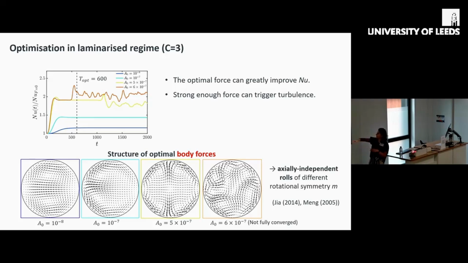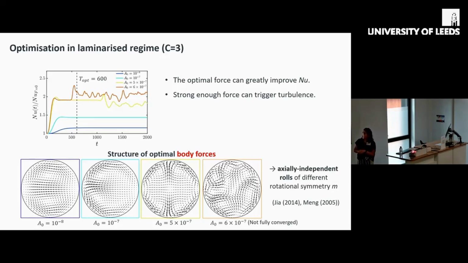So we see that this body force is such as to induce axially independent rolls, which have different rotational symmetry. We see that the number of optimal rolls increases with the amplitude of the forcing. And this is quite consistent with what was found before with the steady state calculation.